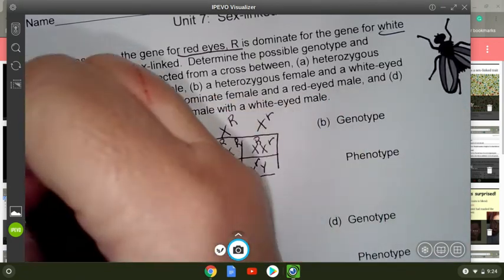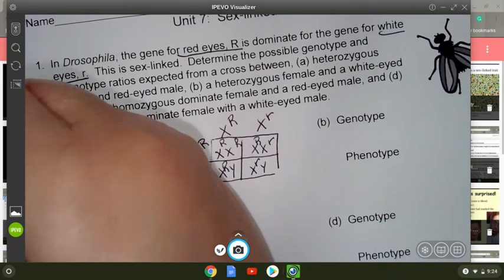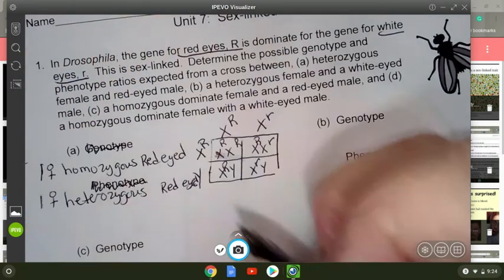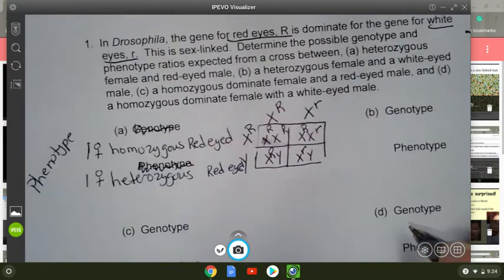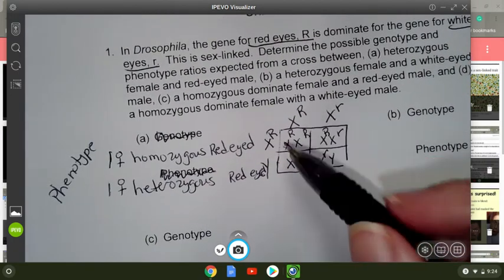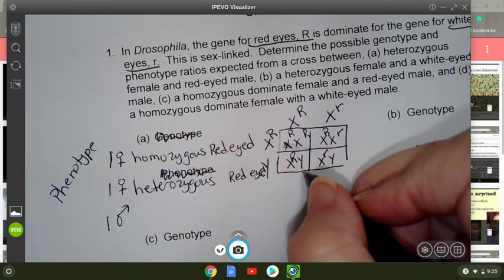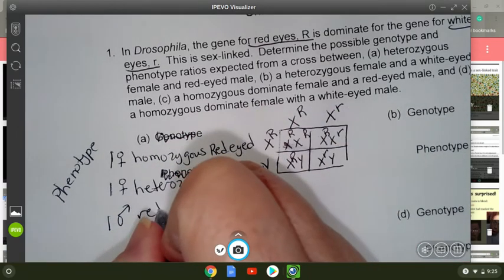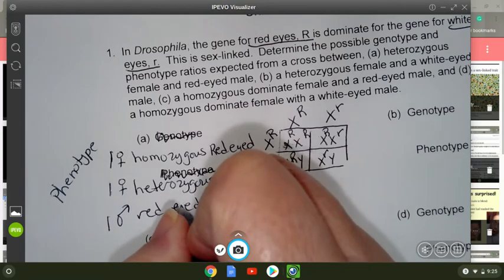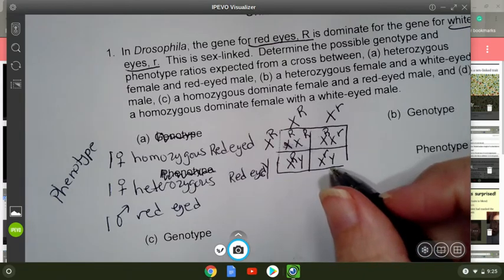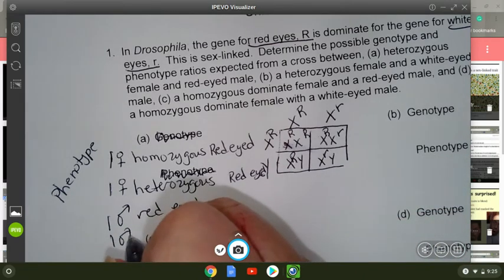This is actually my phenotype that I'm doing. I jumped ahead, sorry. We'll do genotype in a minute. Here I have one male that is red-eyed. We don't put the homozygous and the heterozygous for the males because they only have one X. Here it's little r, so it's one male, white-eyed.